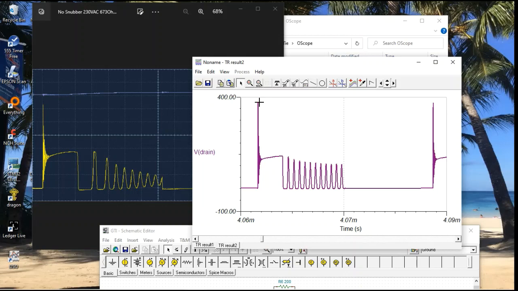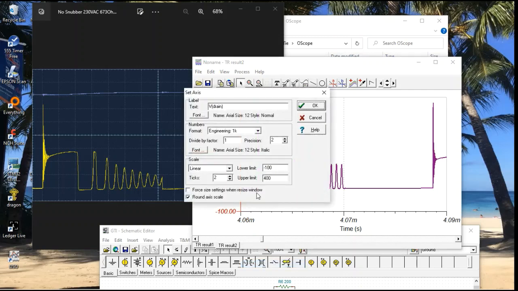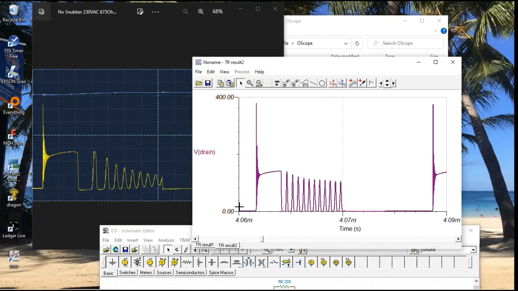So this is saying that this is up at around 300, and let's make that 0 so we can look at this. So this is 1, 2, 3, 4, 5. This is 40 volts per division, so we're about 360, maybe 380.